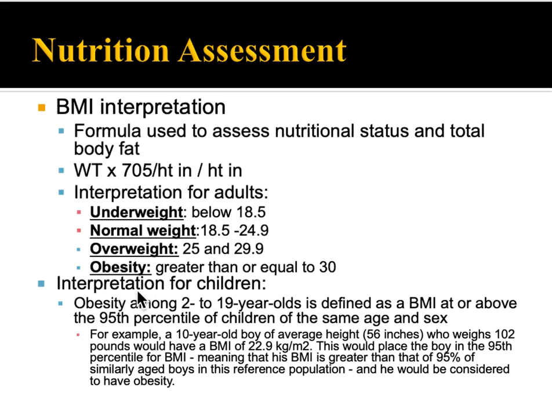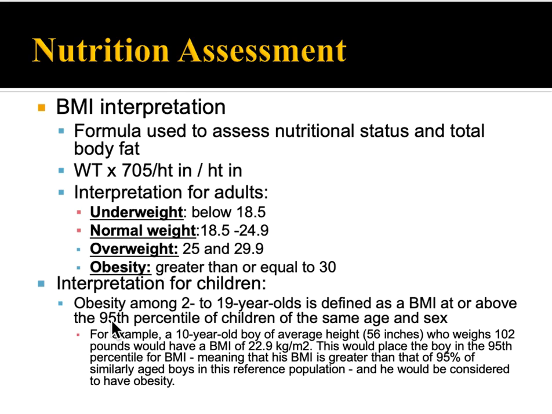Interpretation for children is different, so for those of you who will take care of kids, just recognize that the interpretation of BMI is a little bit different. For children, we look at where they fall on the percentile, comparing their height and weight per age to other children their age.